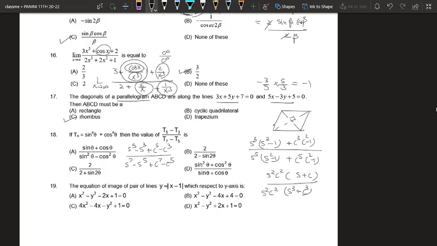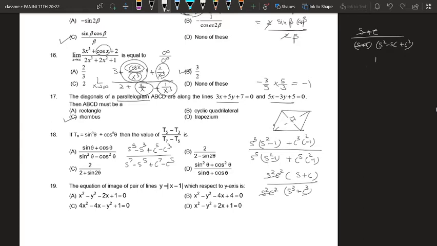Now a cube plus b cube is (a plus b)(a square minus ab plus b square), so the numerator is s plus c and the denominator is (s plus c)(s square minus sc plus c square).